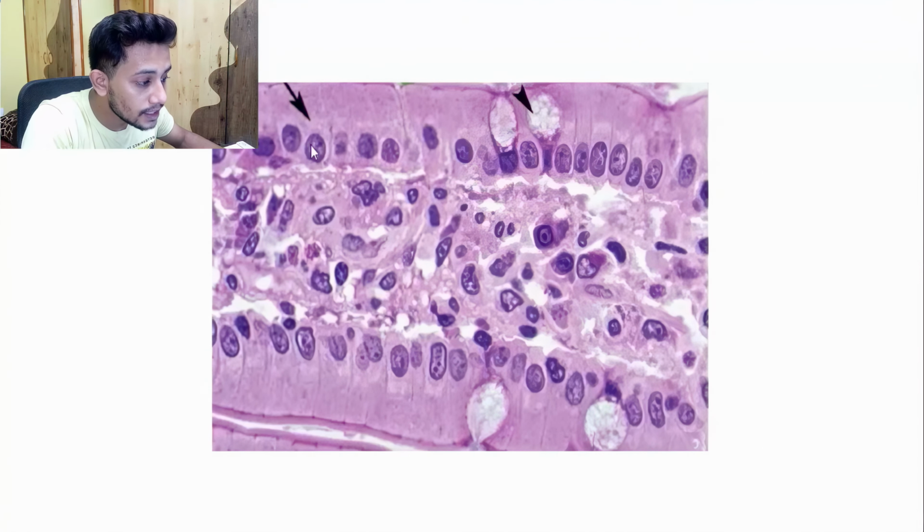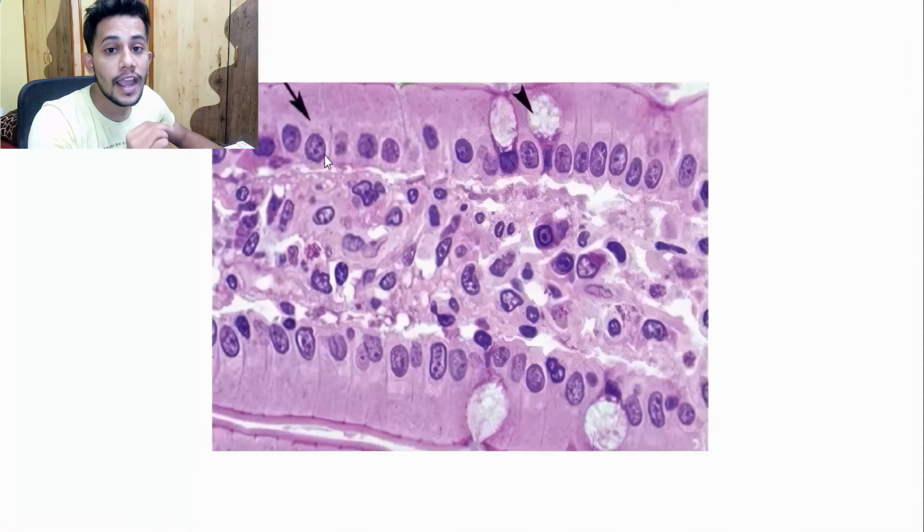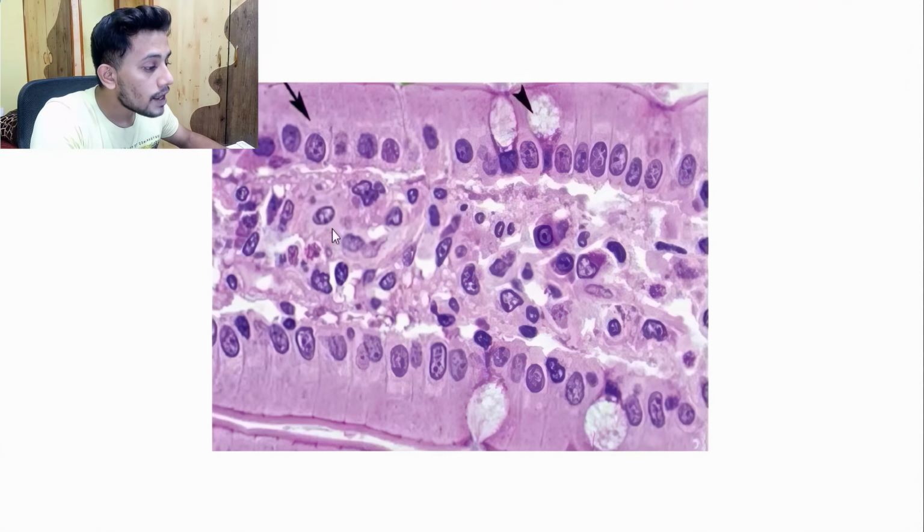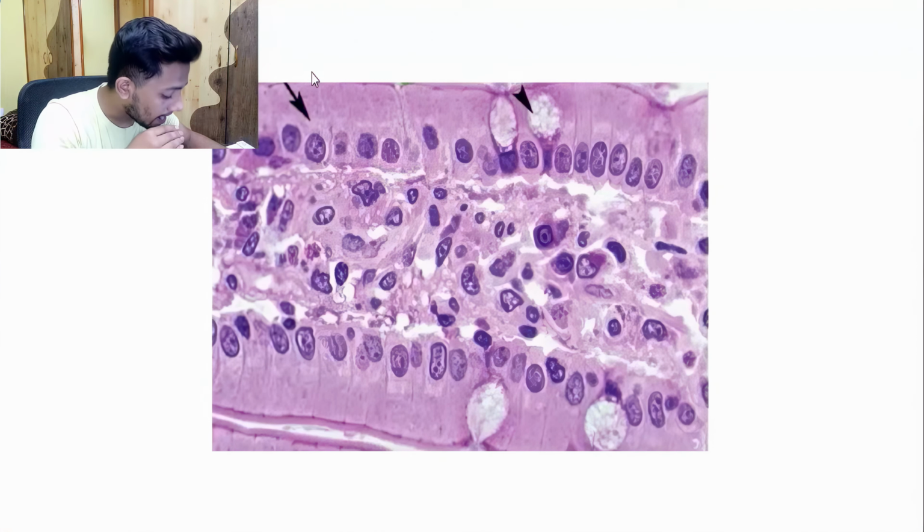The width is like this, just this much, but as you can see here, the height is much larger than the one we had in simple cuboidal. So it's like a pillar, like I said, a pillar or column. The name itself suggests the shape. So simple columnar, we have this much width and that much height, much more height as compared to the width, which makes it like a pillar and like a column.